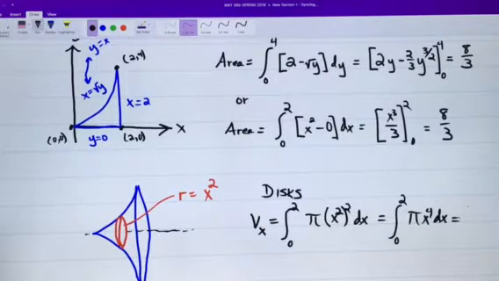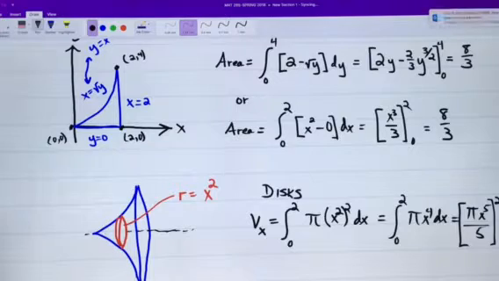In the follow through, we have pi times x to the 5th over 5 as x goes from 0 to 2. And 2 to the 5th is 32. So in this particular case, we end up with 32/5 of pi.